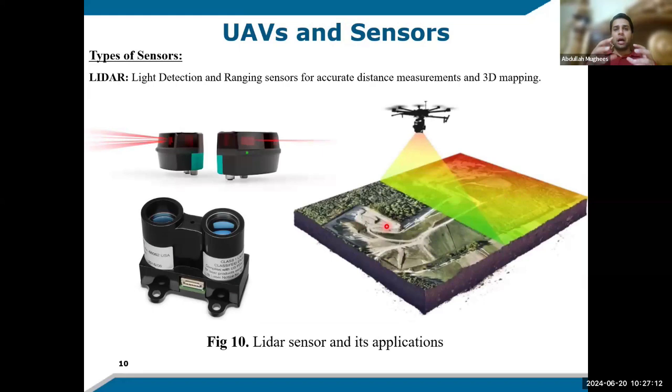For example, I design a drone and I put a LiDAR sensor on it, and it moves over a town. Once it moves over a town, it records all those distances, and I can then recreate that map in 3D on my computer and maybe use it in augmented reality or virtual reality or for other tasks.